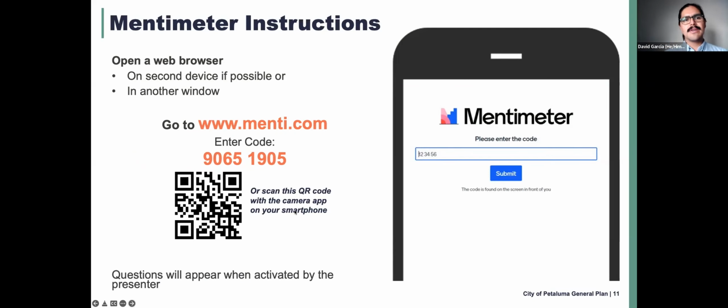So for Mentimeter, we suggest opening another browser window, or if you have a cell phone or another laptop, tablet nearby, opening up a tab to get to www.mentimeter.com and entering the code that's specific for this meeting of 90651905.